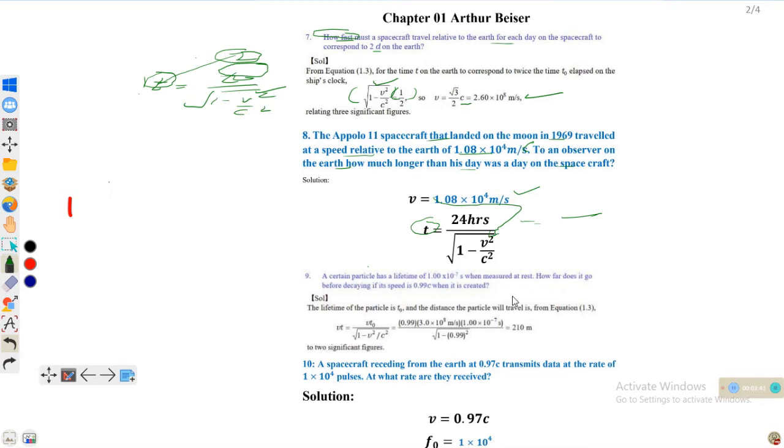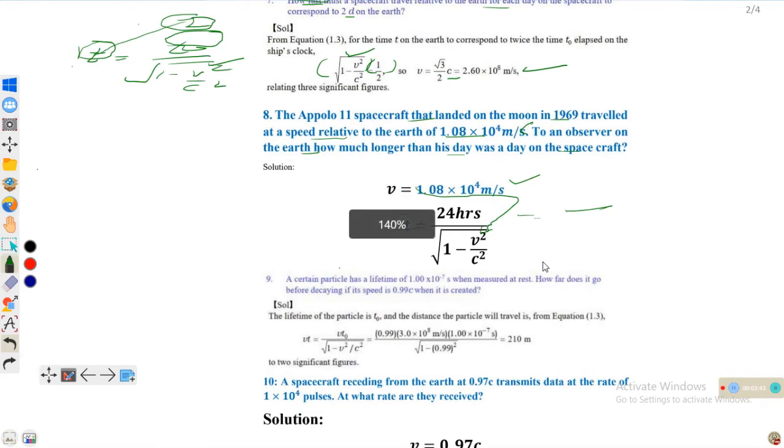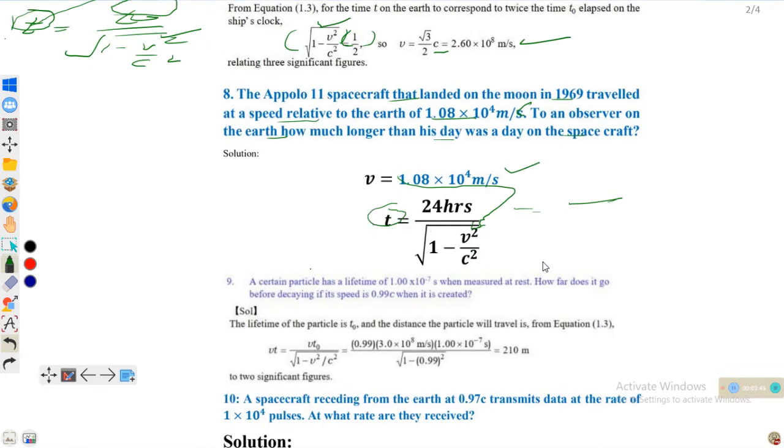If we look at question number 9, it says that a certain particle has a lifetime of this many seconds when measured at rest. It means we are given a lifetime; rest means rest mass time.